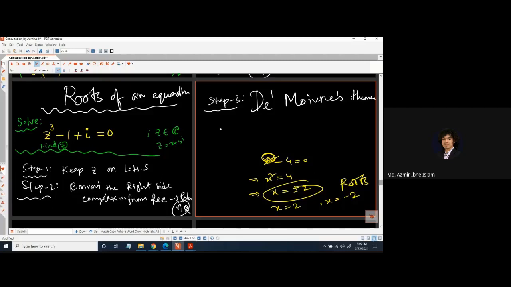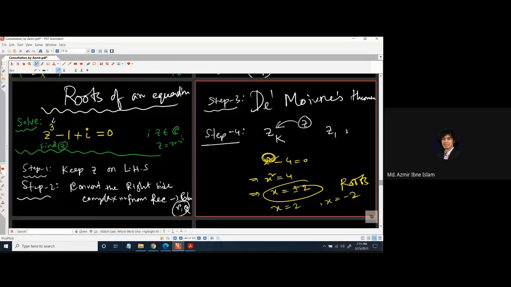And finally, we have to make one relation, let's say for z_k, not only z, you will have z_k. What is the meaning of k? Here the power is 3. So how many solutions will you have for z? You will have 3 solutions.